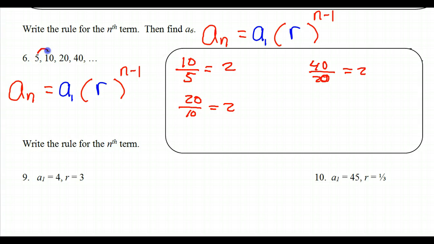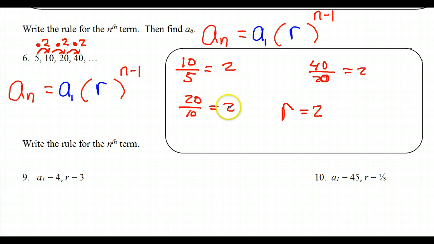Also, this one is simple enough that you can just look at it and see that from 5 to 10, you multiply by 2. 10 to 20, you multiply by 2. 20 to 40, you multiply by 2. So if you see this multiplier that's obvious to you, that multiplier is the common ratio. So that tells us that r is 2.